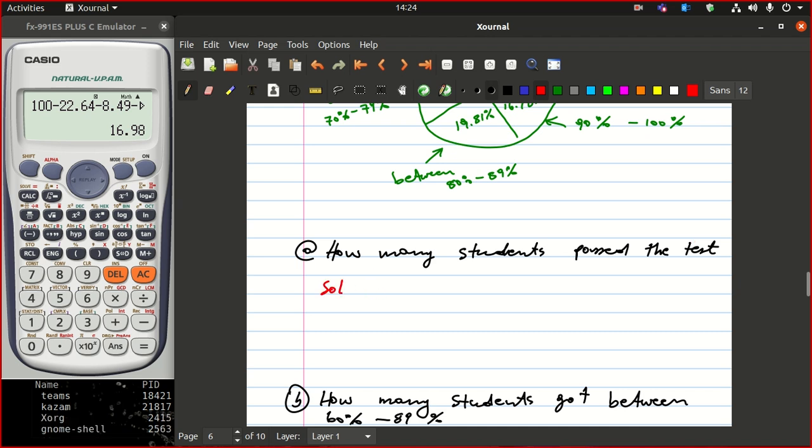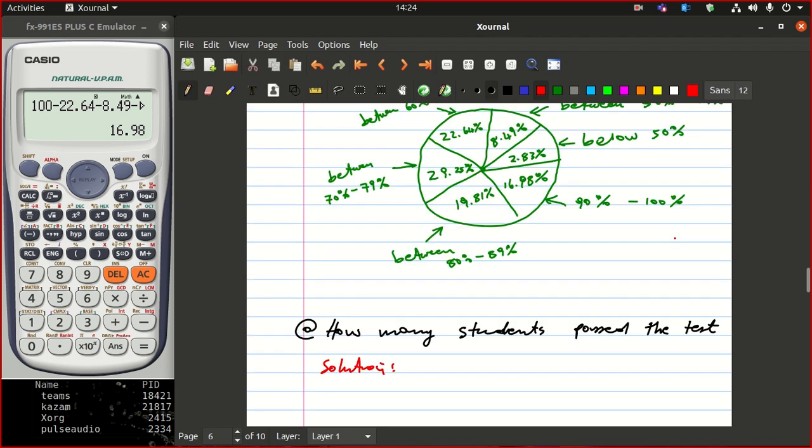Let me write the solution. We want to find the total of students who passed the test.